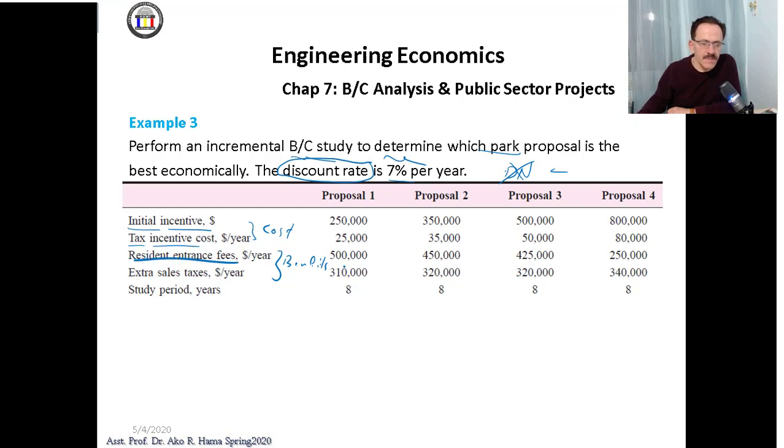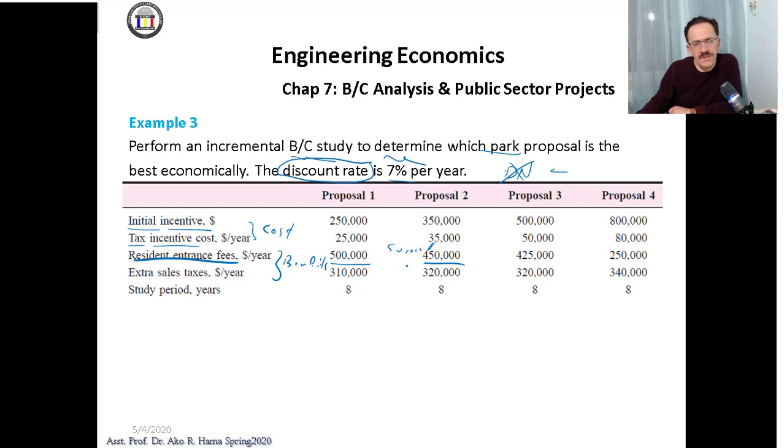For example, proposal 1 will say that you will have to pay a $500,000 fee, while for proposal 2 the fee is 450. Now this is considered as a benefit because you are saving $15,000.